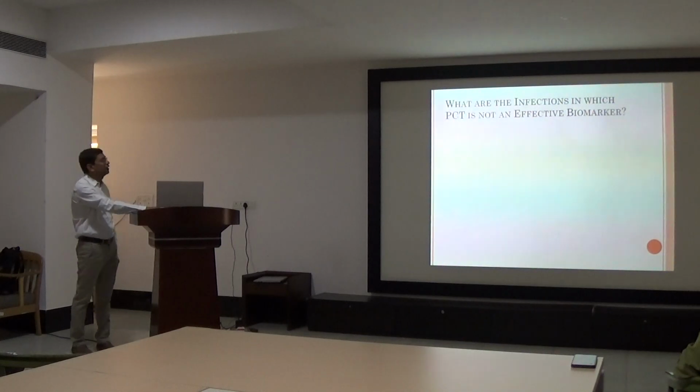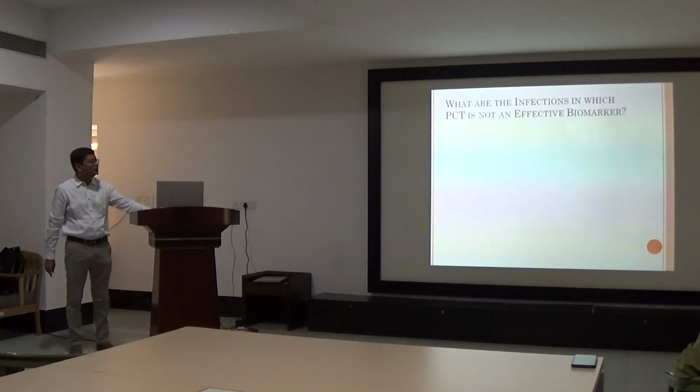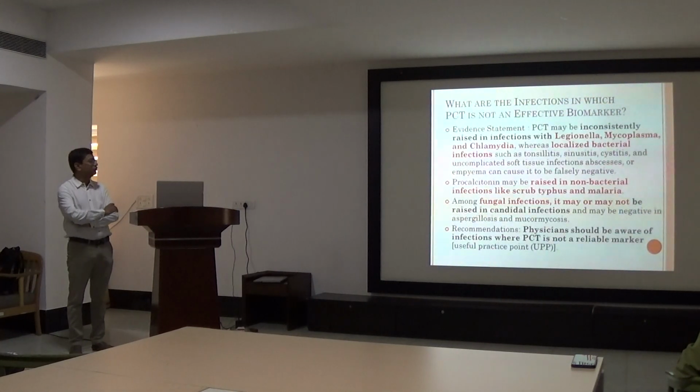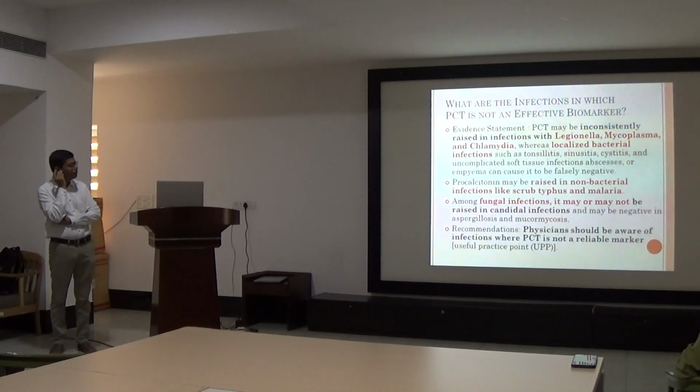So, what are the infections in which PCT is not elevated? This is the very catch point. Localized infection like tonsillitis, sinusitis, cystitis, uncomplicated soft tissue infection, even empyema. So, initial PCT will be negative. In atypical pneumonia, Legionella, Mycoplasma, Chlamydia.